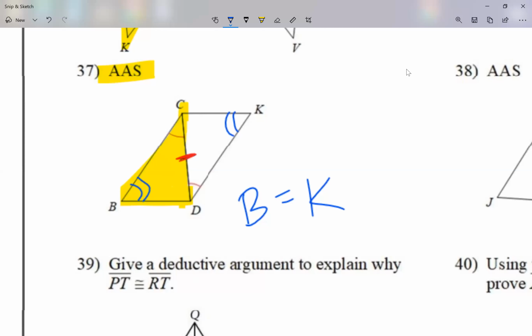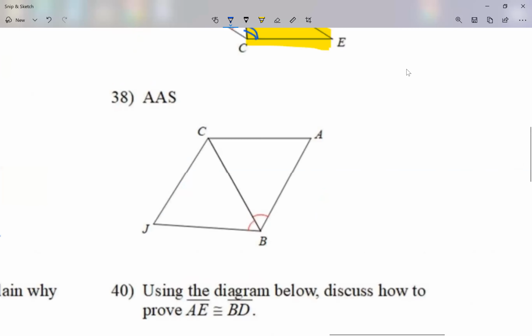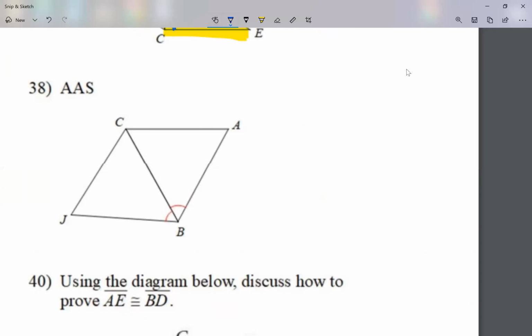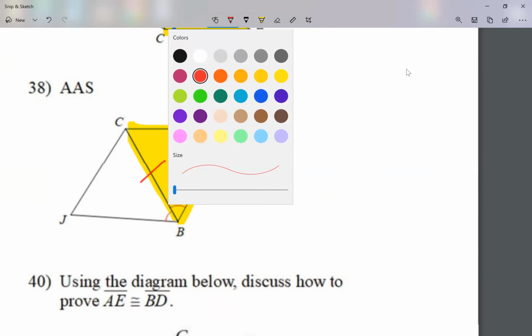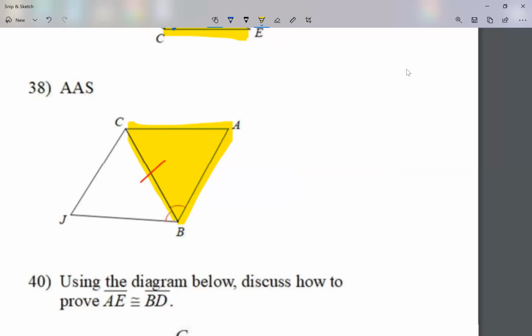One letter sometimes. All right, lastly, let's take a look at number 38. To begin with, I can mark this side. That side was given indirectly, right? Two triangles use the same side, so I'm gonna say it was given. I look at this triangle. It doesn't matter which triangle you look at. I'm gonna call this my yellow triangle. And I look at my formula. I need angle, angle, side. So I need two angles and a side.